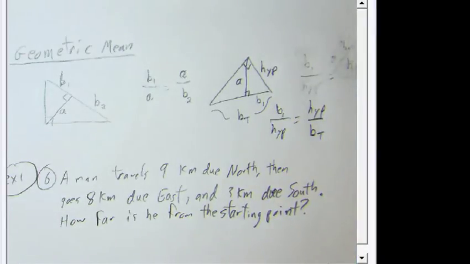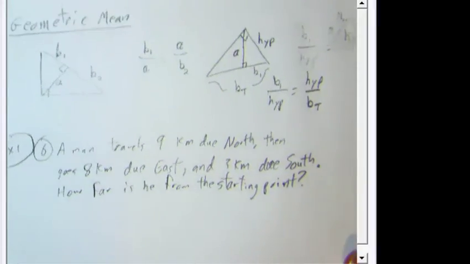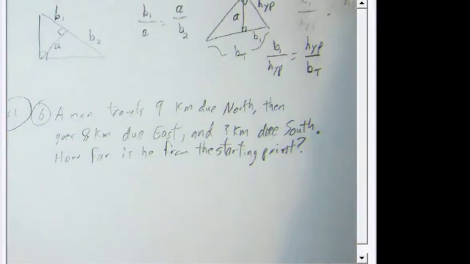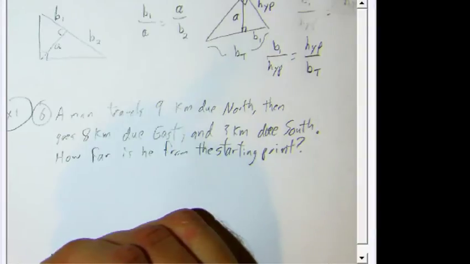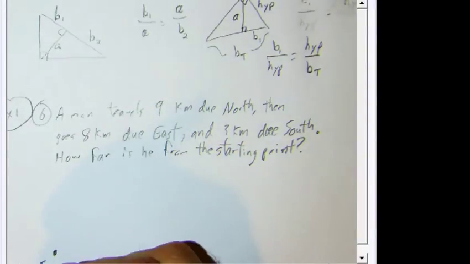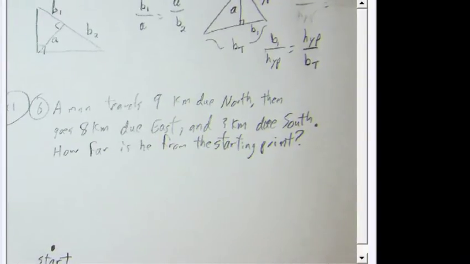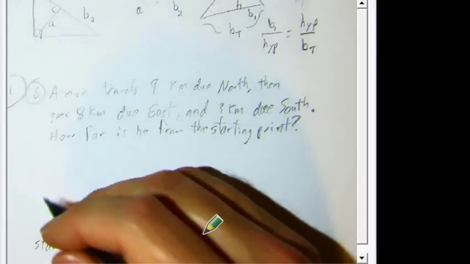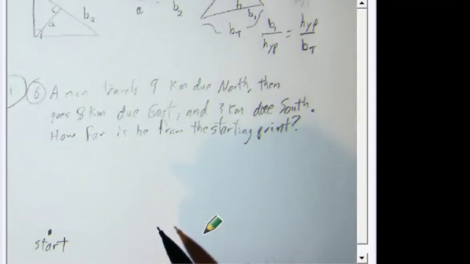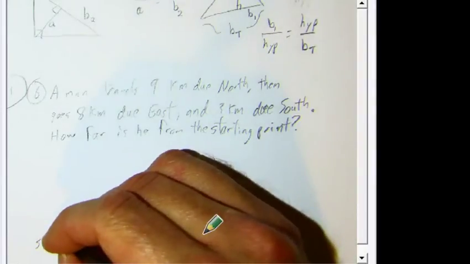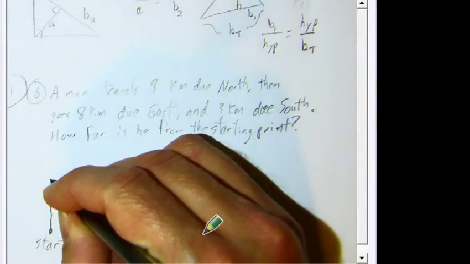Okay, so we take a look at this question. We pick some kind of a starting position. We'll say this is his start. Now from here we go 9 kilometers north, so we'll use up the page to be that.